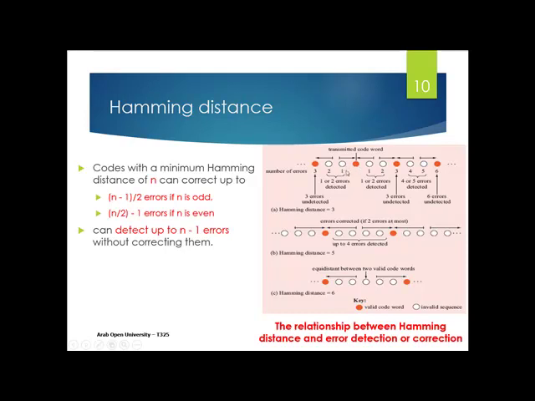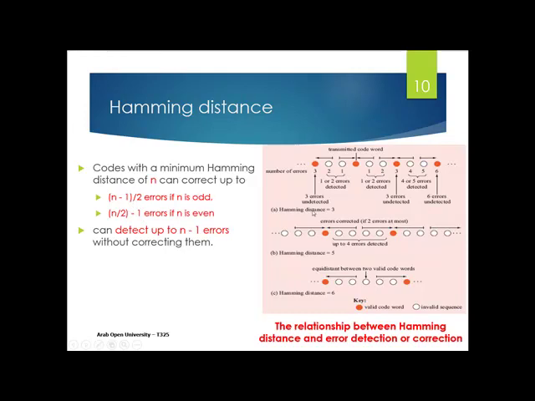So the formula is as follows. I have to make sure that the number of errors is less than half of the distance. This is done through this formula. If the Hamming distance is n and n is odd, the code can correct (n-1)/2 errors. If n is even, it can correct n/2 - 1 errors, in order to avoid fractions and non-integer numbers.